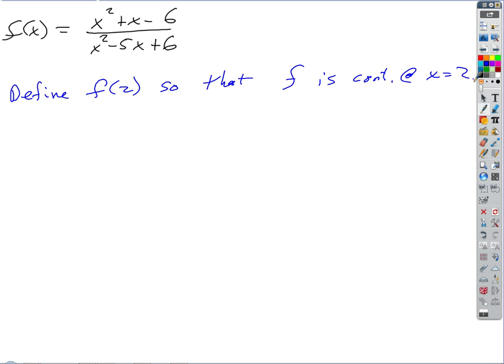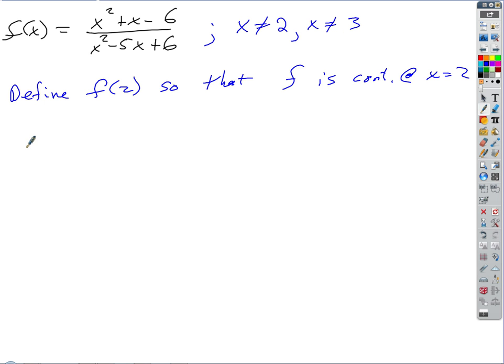In order for us to fill in the hole, we need to figure out where the ant anticipates stepping and give the function that value, correct? Does that make sense? Because right now, f of x is only defined where x is not equal to 2 and not equal to 3, right?